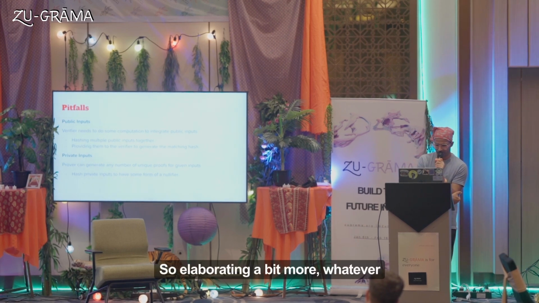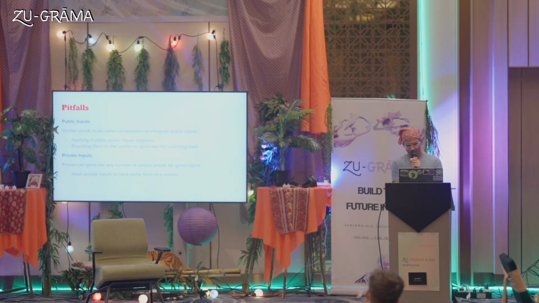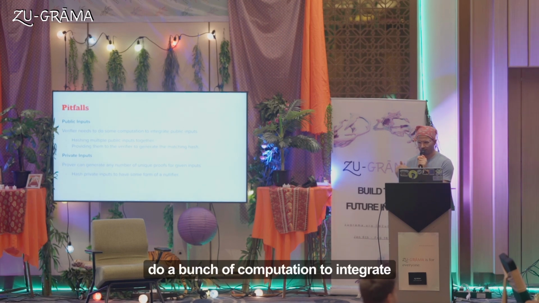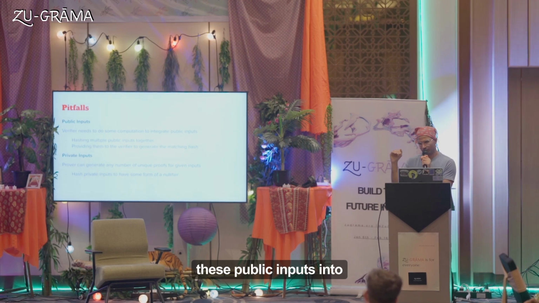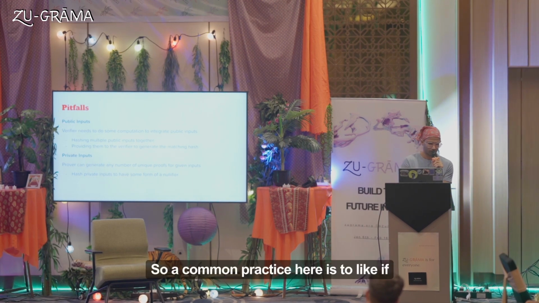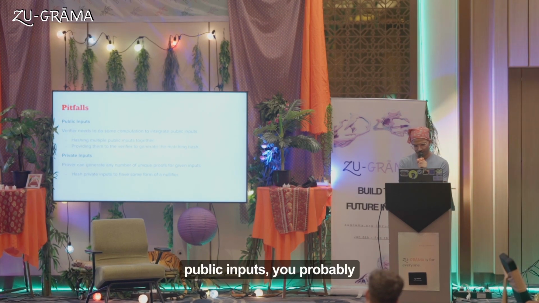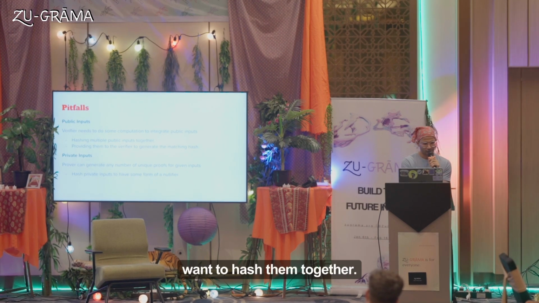Elaborating a bit more, whatever public inputs you use, the verifier will need to do a bunch of computation to integrate these public inputs into your proof verification. So a common practice here, if you have multiple public inputs, is to hash them together.